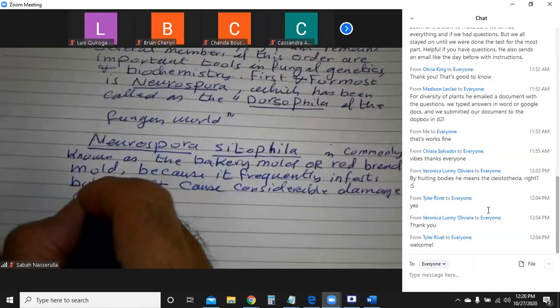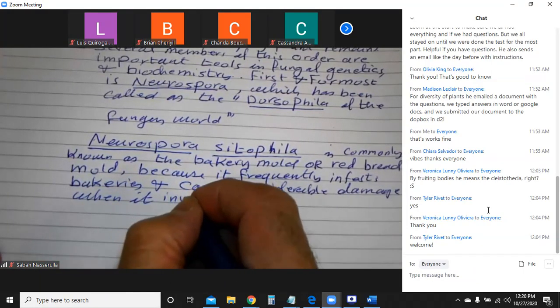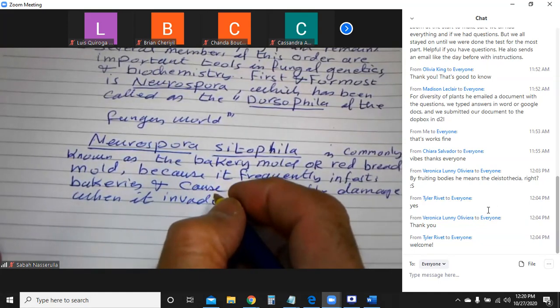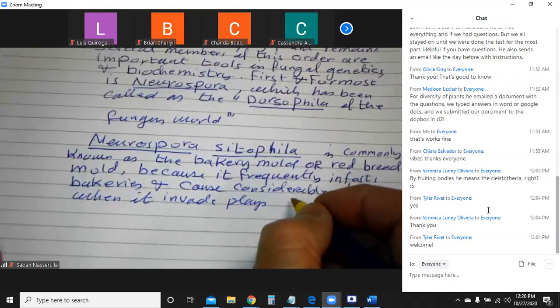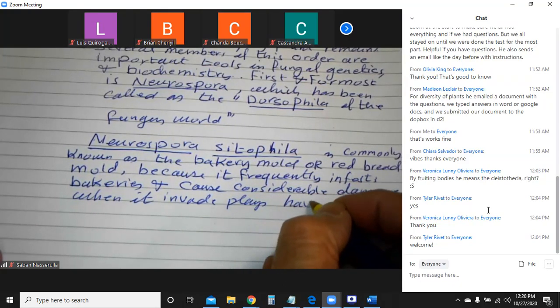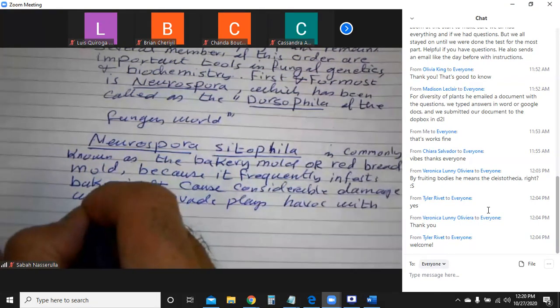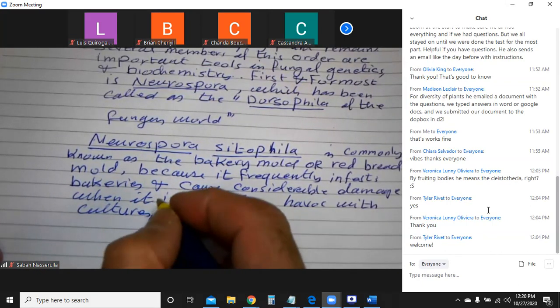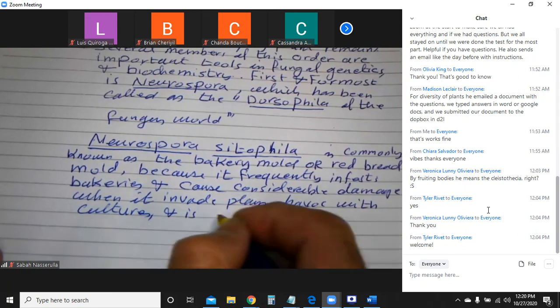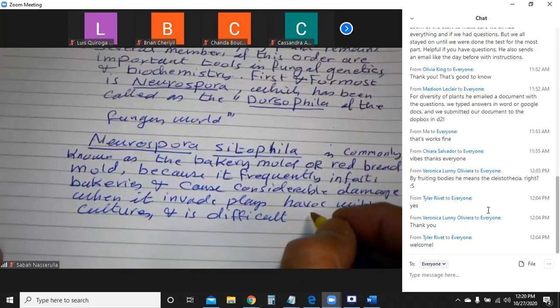Just to mention that when this fungus invades, it plays havoc with cultures, and as I mentioned to you, it is difficult to exterminate.